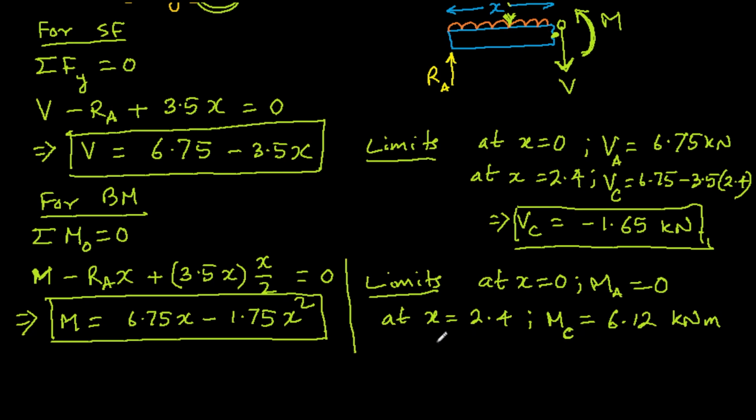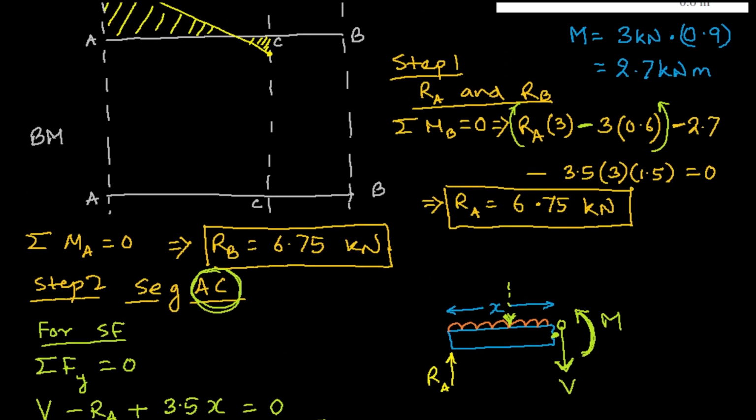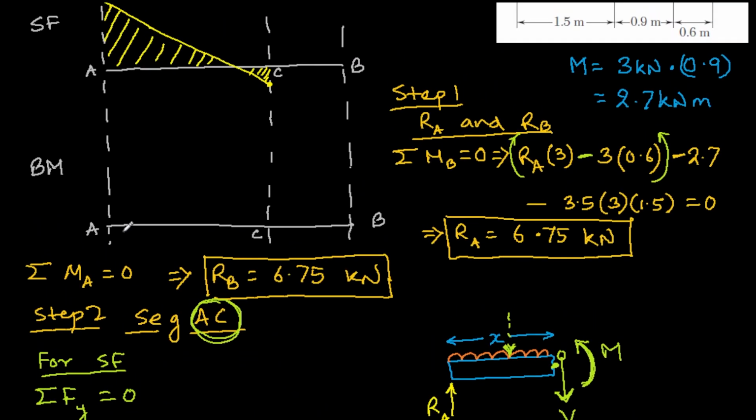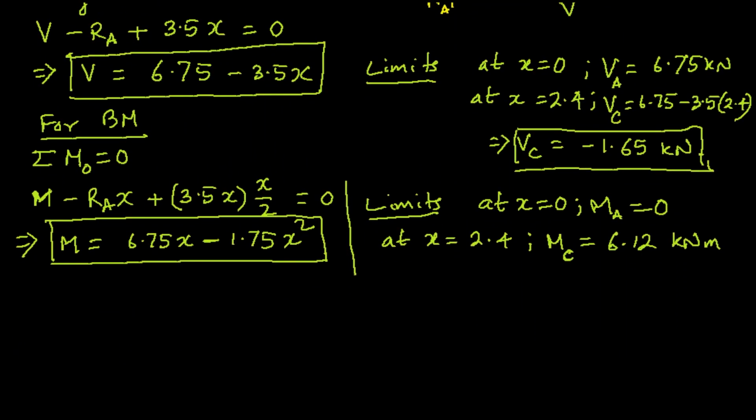Right? But see, this is a quadratic equation, that means it's a parabola, and because there is a negative sign over here, it's a downward looking parabola. Okay, so that means there is some point we do not know yet, that there could be a maximum occurring between this zone also. So that you can get by seeing where the slope of this curve is getting 0 by doing dM over dx equal to 0.